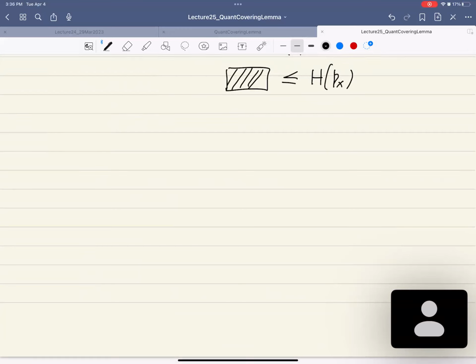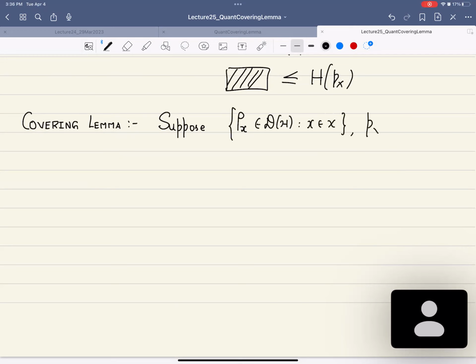I'm going to state the covering lemma. I'm not going to write the rate; I'm going to write the rate at the end. So covering lemma, I will just state it. Suppose rho x, x belonging to X, Px is a PMF on X, and sigma is the average.